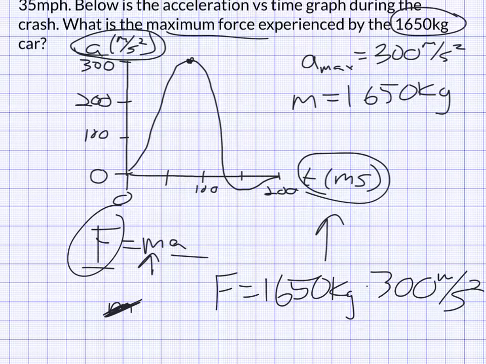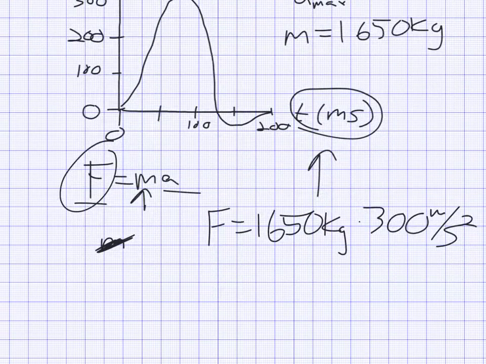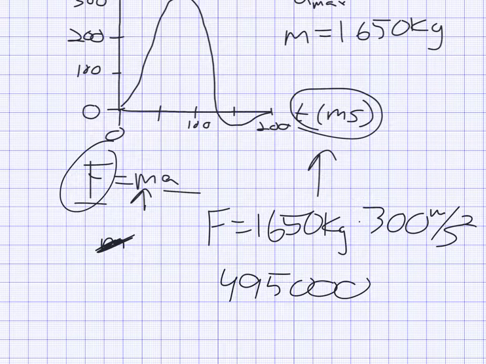Let's plug this in. 1650 times 300, and I'm getting 495,000. According to the numbers they give me, this looks like a measured value, and 300 could definitely have 3 sig figs. So I'm okay not rounding this past the 5. The zeros trailing it don't necessarily have to be significant, so we're okay there. 495,000, and it is in newtons.